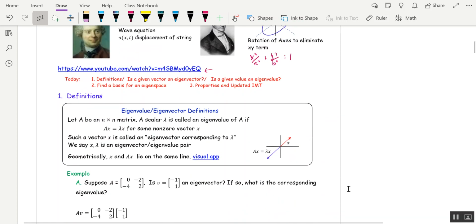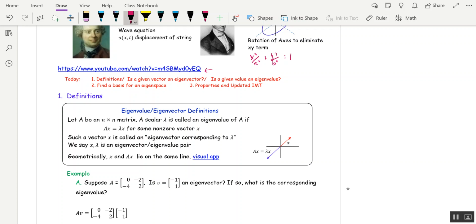Okay, what are eigenvalues and eigenvectors? When you take a matrix and you multiply by a vector, you get another vector. So Ax equals lambda x. Well, Ax equals another vector. If that vector is of the form lambda x, so if Ax is a multiple of x, if they lie on the same line geometrically, then you have what's called an eigenvector-eigenvalue pair. x is an eigenvector corresponding to the eigenvalue lambda.